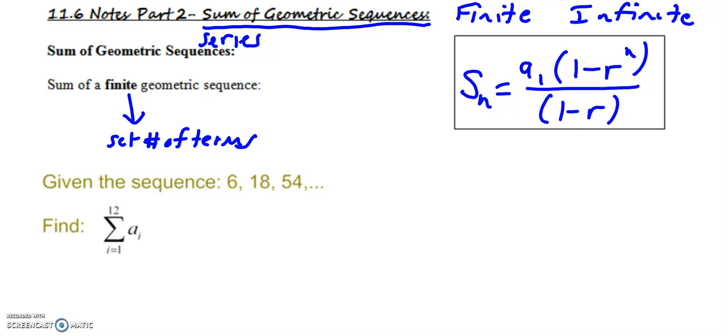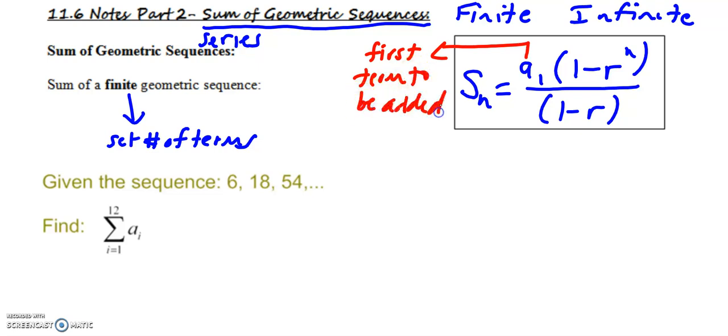So let me just label some things just so we're on the same page. A sub 1 represents the first term to be added. And again, that does not necessarily mean that n equals 1.